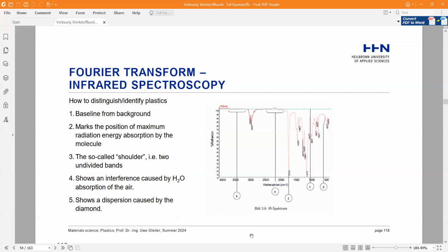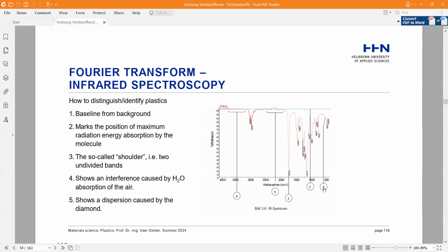So in Fourier transform, how to distinguish plastics. So first we have baseline from background. Second, we have the position of maximum radiation energy absorption, molecular.